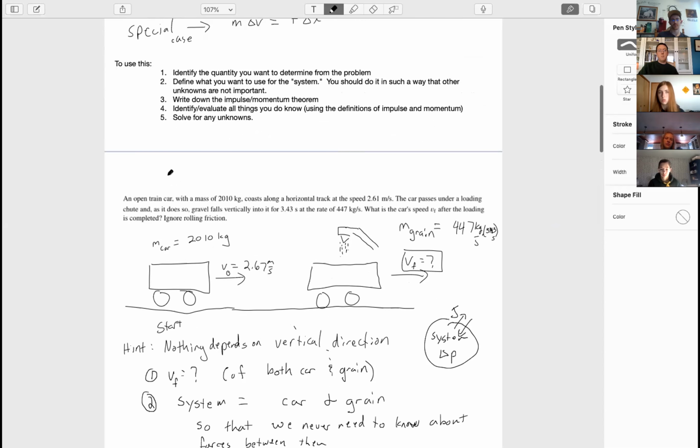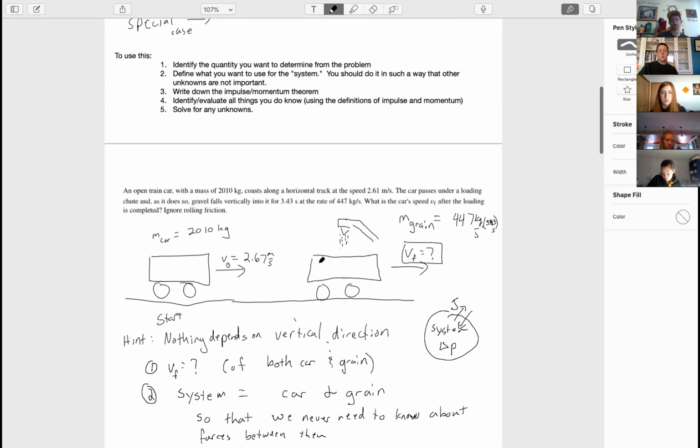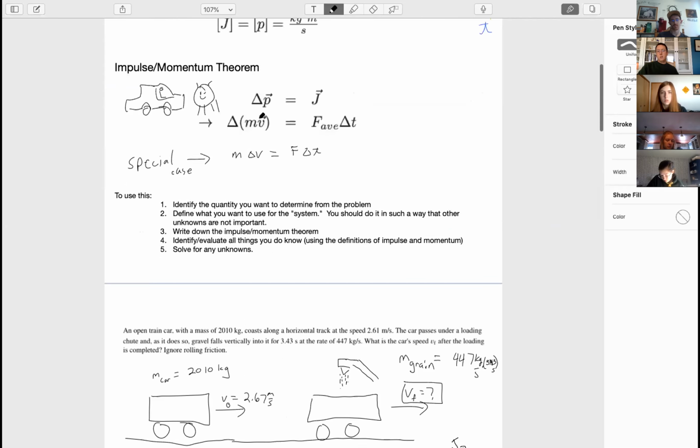So I have that. To find my system, I write down the impulse and momentum theorem. Step 3: I write down the impulse momentum theorem. So I'm going to say the change in momentum equals the impulse. And remember, I can write it like this.